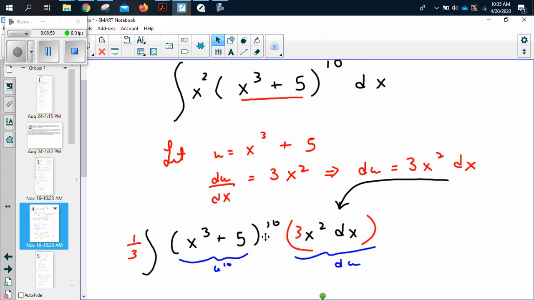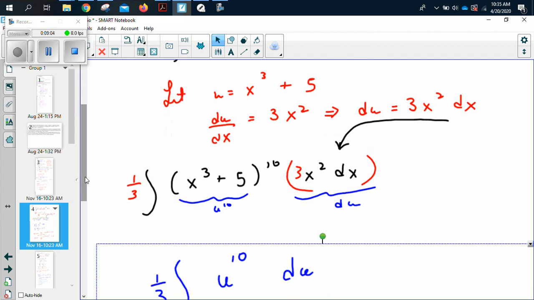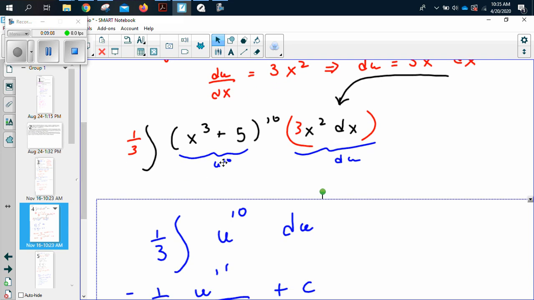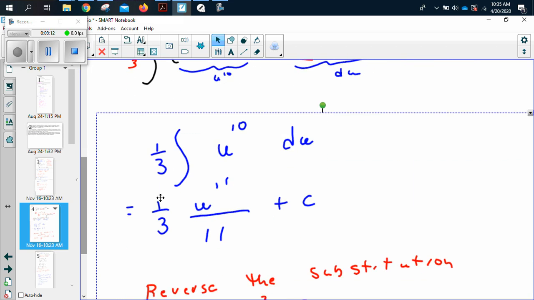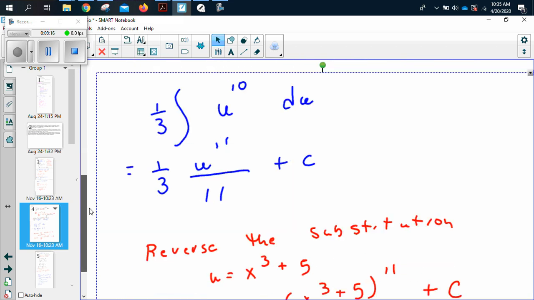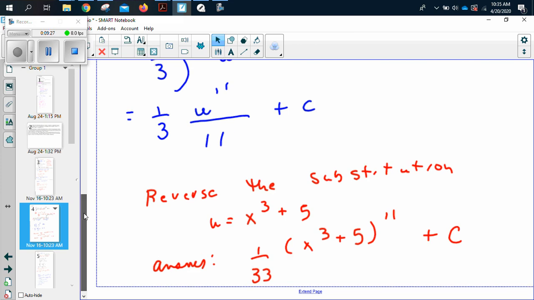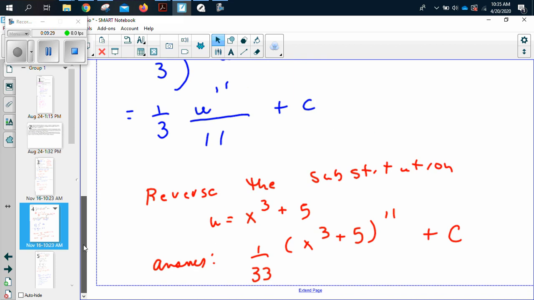Then this is my u to the 10th, and this is my du. And of course I've got 1/3, so I have 1/3 u to the 10th times du. For the antiderivative, I add 1 to the exponent, divide by the new exponent, and then I want to reverse the substitution. So where I have u, I want to write x cubed plus 5. And there is my answer. I won't check this one, but it should check.